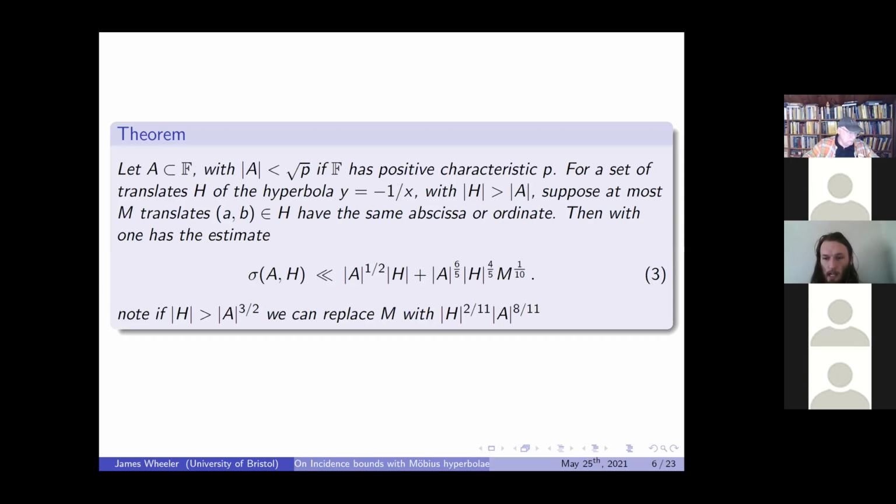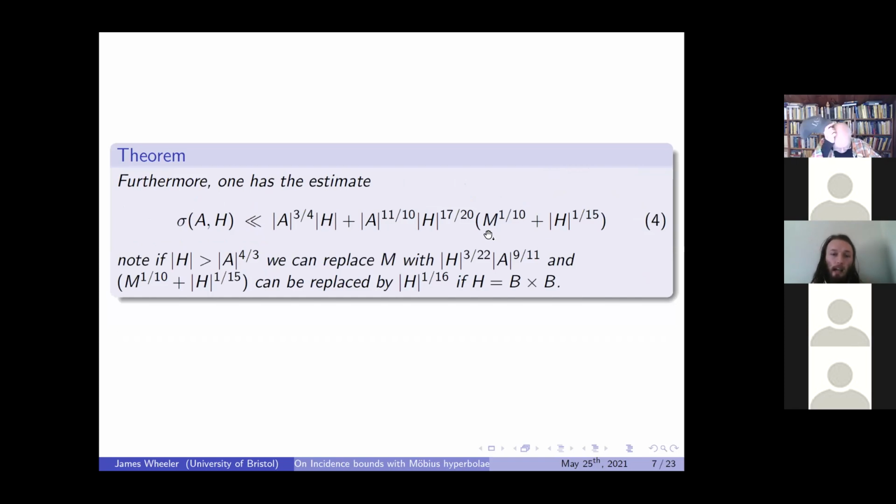We're using this, but I've not put it in here just to keep the talk fairly simple and straightforward. We have a similar estimate if we use the T3 energy, which is slightly more complicated and is better in certain circumstances, when we have richer hyperbola. That is, hyperbola which contain a lot of points, we tend to do better.